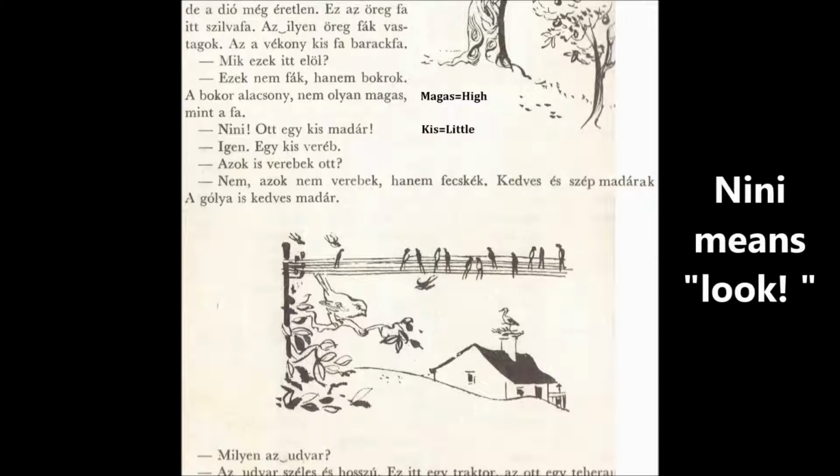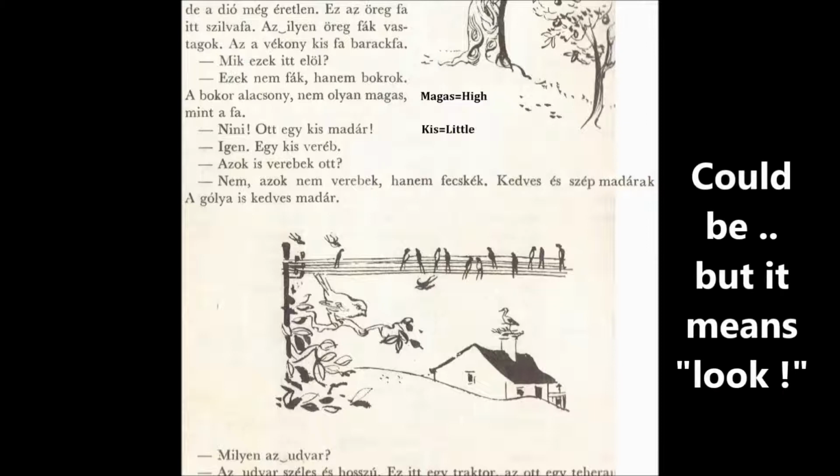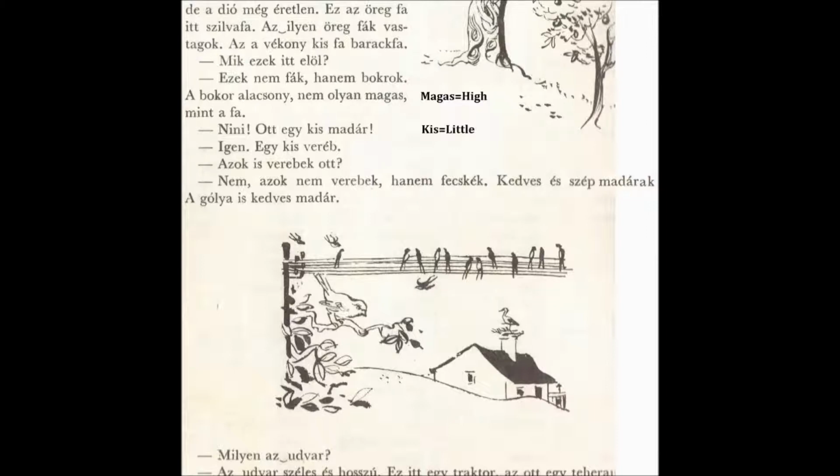Nini, it's the name of a female person. Ott egy kis madár. Ott meaning there, and egy is, as you know, they don't use that. Egy is one, so this is the indefinite article, which is not always used in the language. Kis, a little.